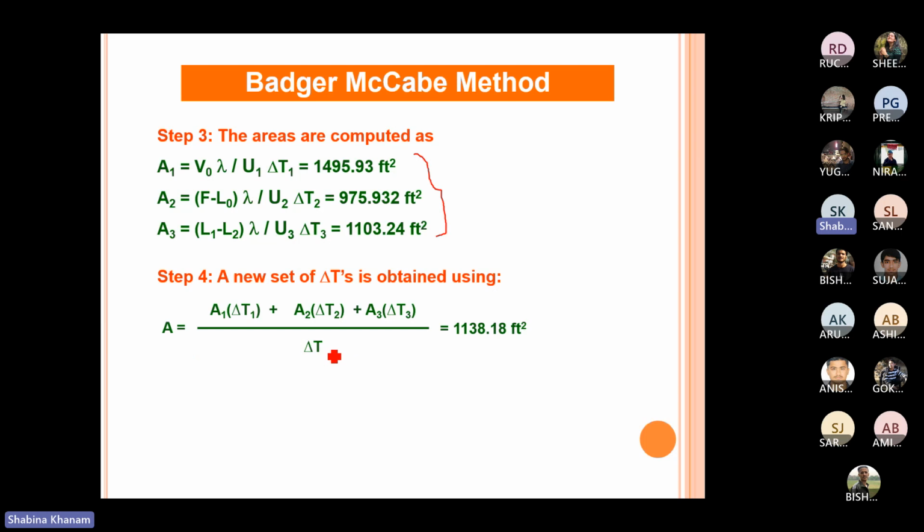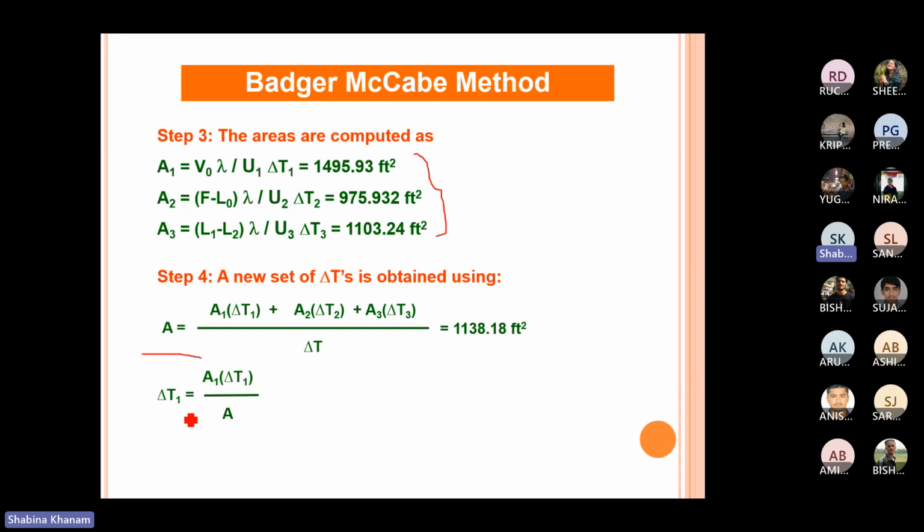So A delta T would be equal to A1 delta T1 plus A2 delta T2 plus A3 delta T3. This is the average area you can obtain, and you see all these areas are different from it, so we can find a new set of delta T's. From here onward we have the second iteration; up to here is the first iteration.